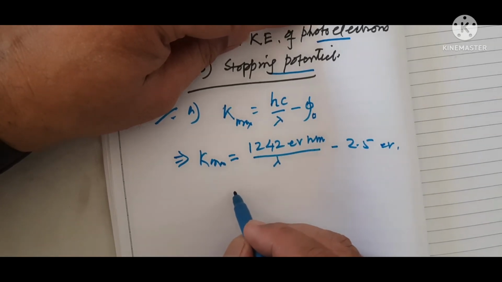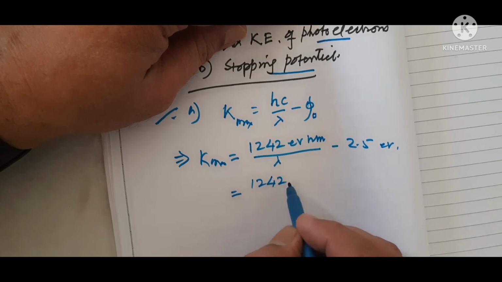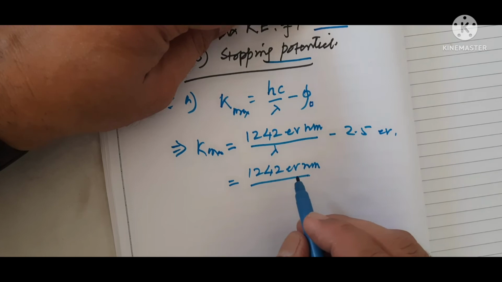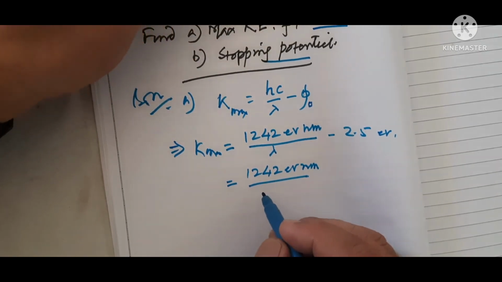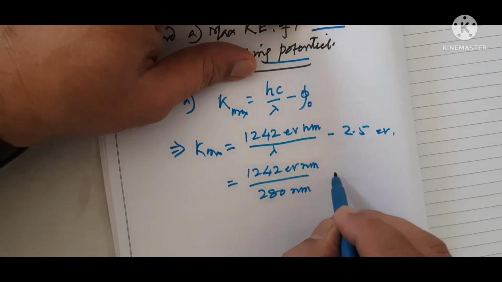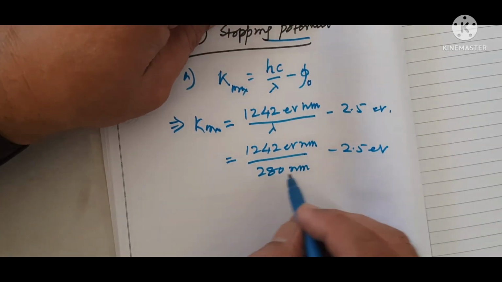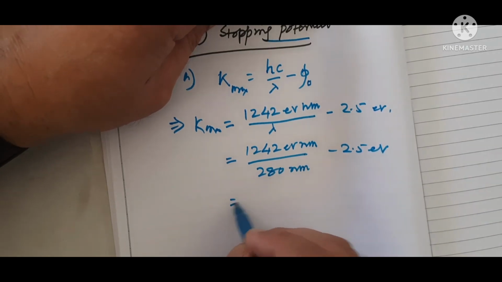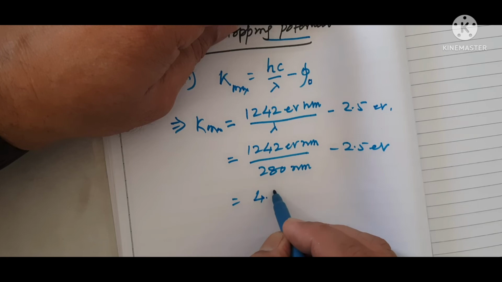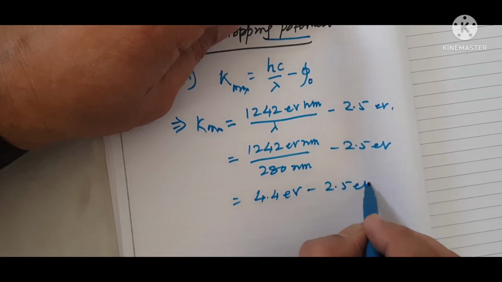So we put the value of lambda, which is also given, 280 nanometer, minus 2.5 electron volt. So directly we can divide and then subtract. So we will get 4.4 electron volt minus 2.5 electron volt.